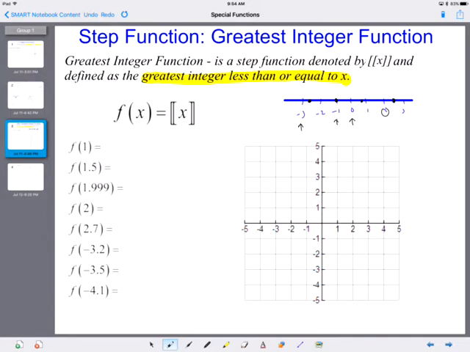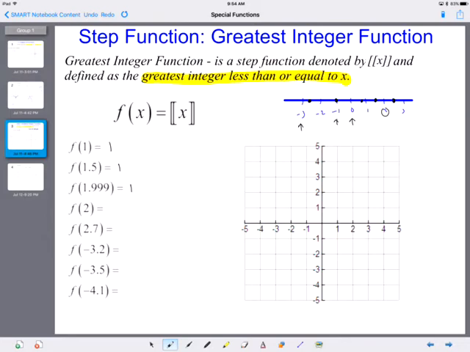So for example, once again, just looking at the parent function, if I say what's f of 1, well, what's the greatest integer less than or equal to 1? 1. 1.5. So 1.5 is somewhere here on the number line. The greatest integer less than or equal to that is still 1. 1.99999. It's really close to 2, but the one that's less than or equal to it is 1.